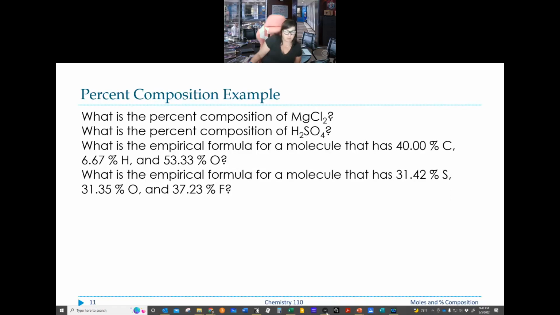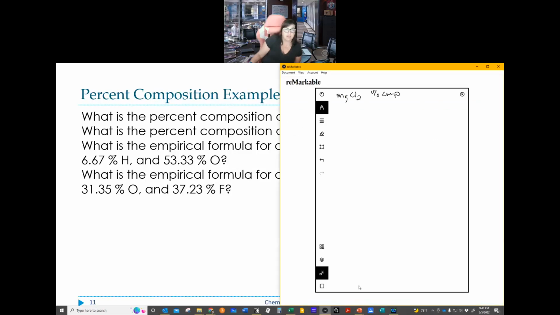So I want my piece of paper. I want to know MgCl2, what's the percent composition of MgCl2? Well, in order to do that, I need a couple of things. I need to know what the mass of Mg is. I need to know what the mass of Cl is. I need 2 times that mass for Cl.